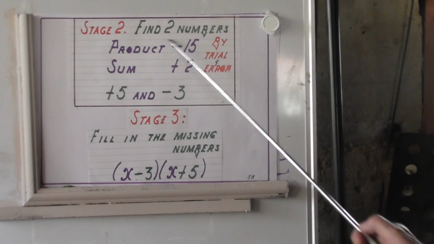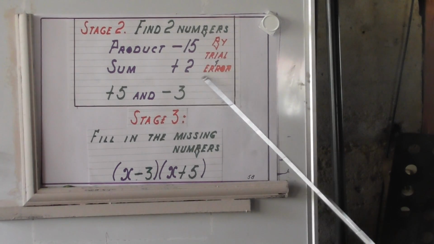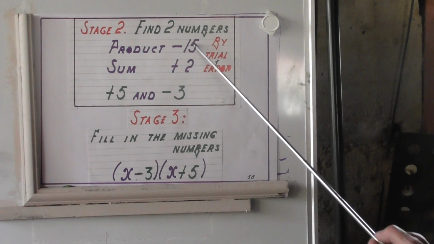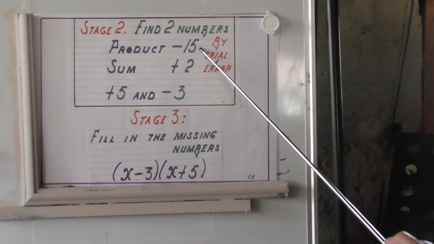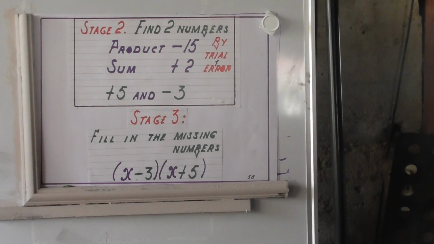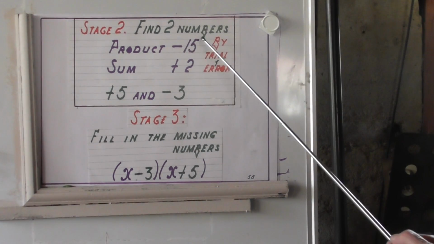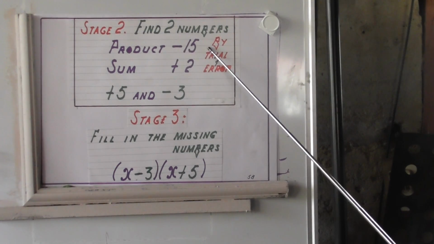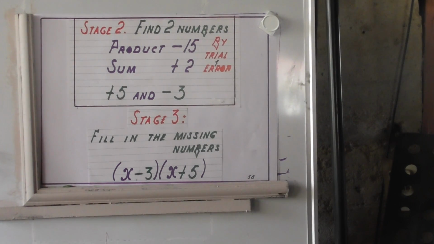So this is an exercise by trial and error. Because 15 can be 15 times 1 and 5 times 3. So that gives you already the idea. You have two possibilities, but 15 and 1, that doesn't add up to 2. So that is automatically gone.